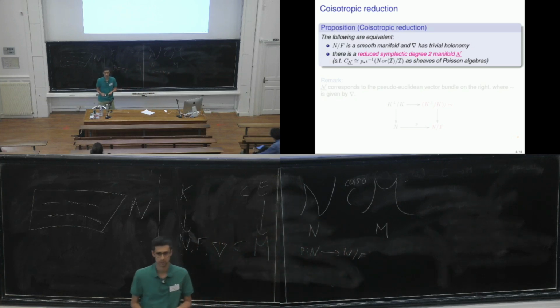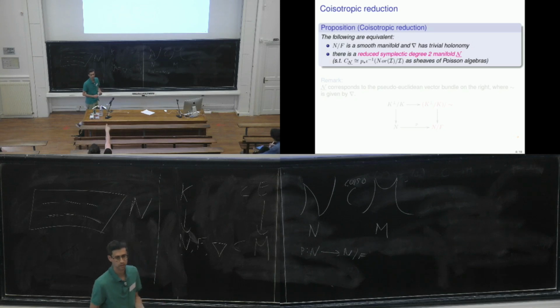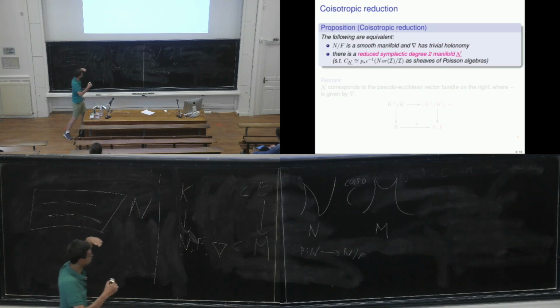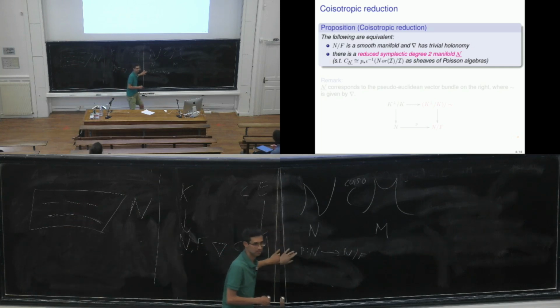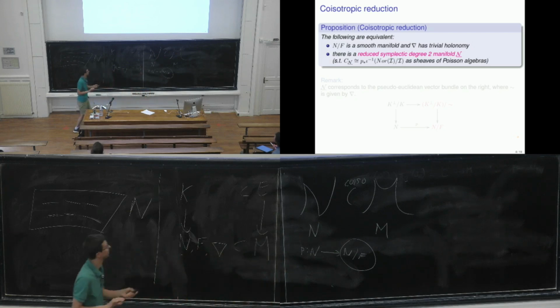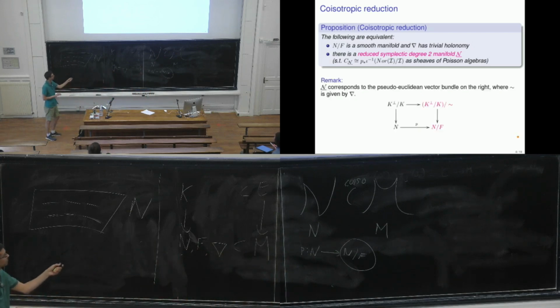But you push forward something down to N mod F, whereas C_N is supposed to live on N. C_M lives on M, yes. I think the star is okay. So the iota inverse pulls everything back to N, and then the body of N underlined is this one, the leaf space.